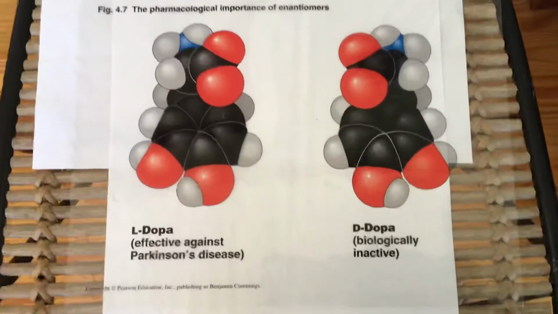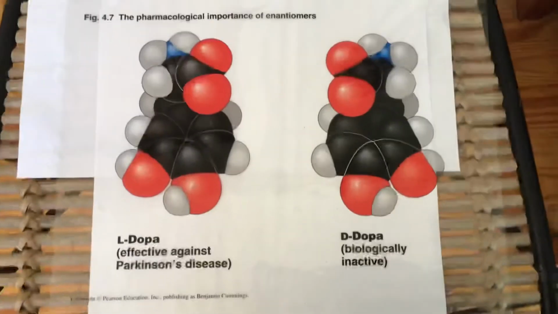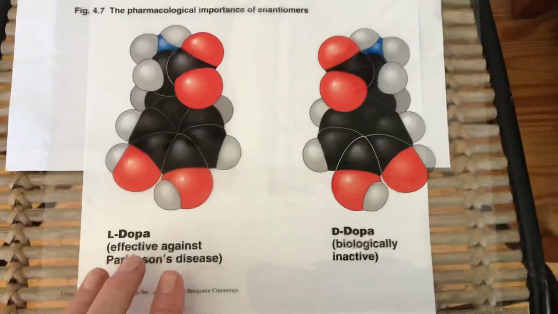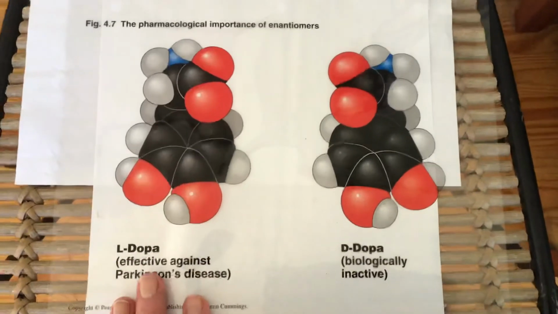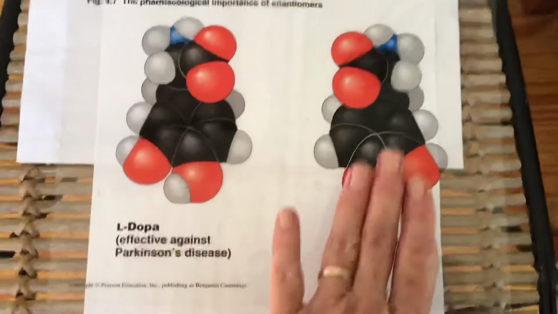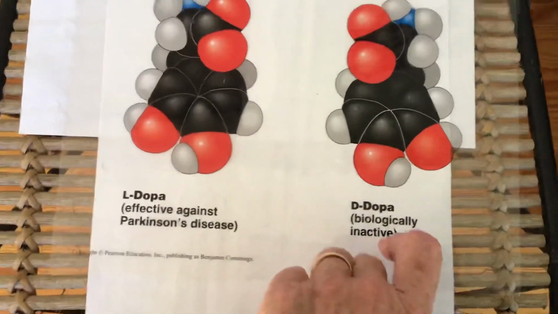For example, this is DOPA, and you have the left DOPA and the right, and there's only one biologically active side. So this is the biologically active one. This would be its enantiomer, not biologically active.